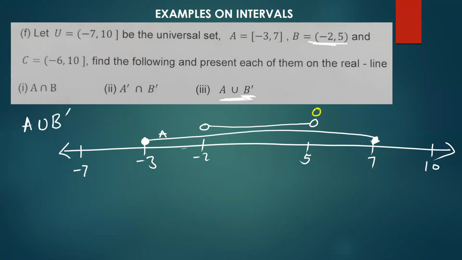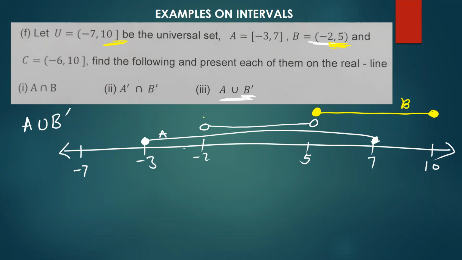Since 5 is not part of set B, it's going to be part of the complement. So for the complement, I'm going to shade 5, and then up to 10. The last number in the universal set is 10, and it's closed. So this is my B complement.